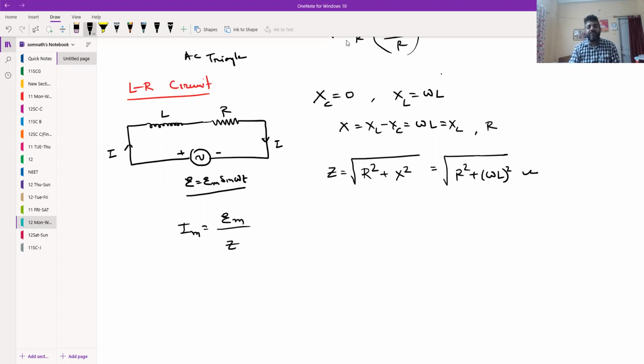So Em by Z gives me Im. Now I have to find out my phase angle. How can I find it? Very simple: tan inverse X by R, which equals tan inverse omega L by R. By putting in the values, I can get this.